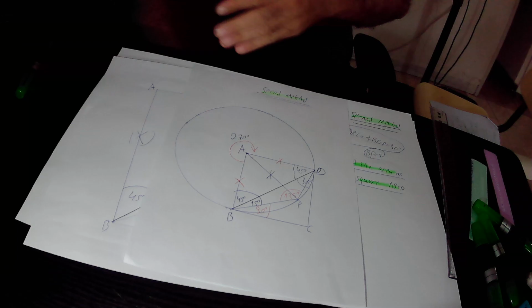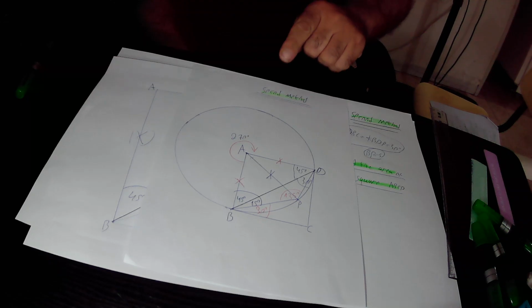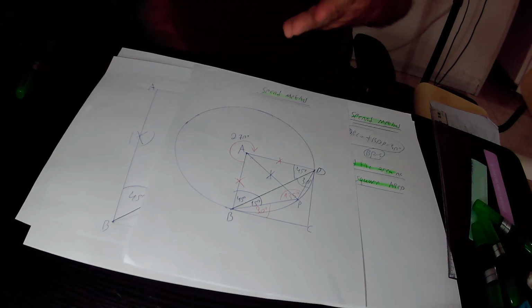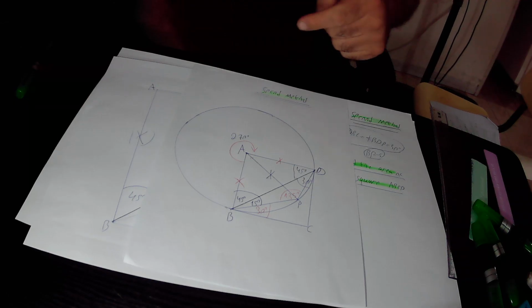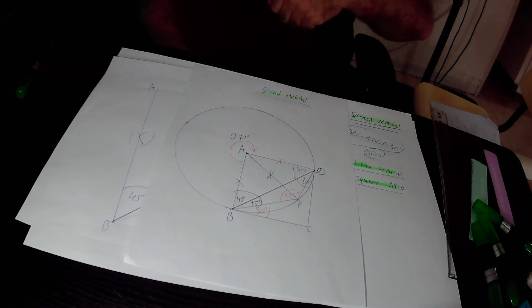The radius of a circle has two edges. The first edge of any radius of any circle must lie on the center of the circle, that is point A. The second edge of any radius of any circle must lie on the circle itself, because it is a radius. This is the definition of a radius.